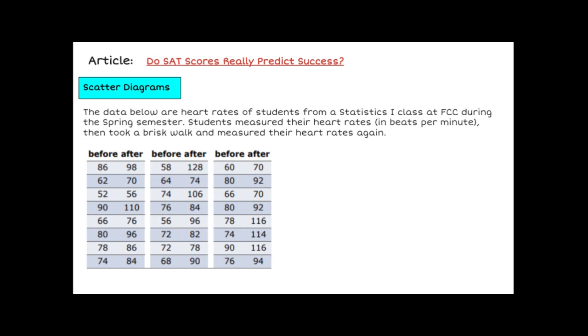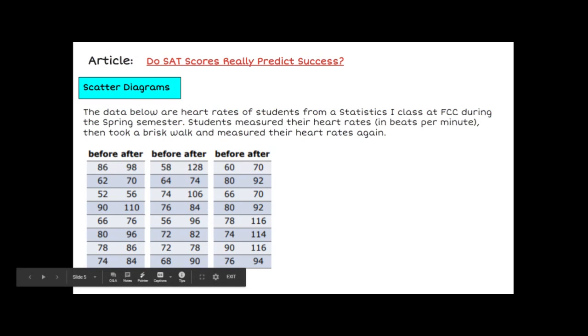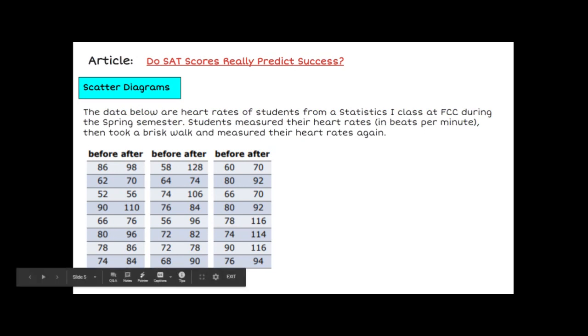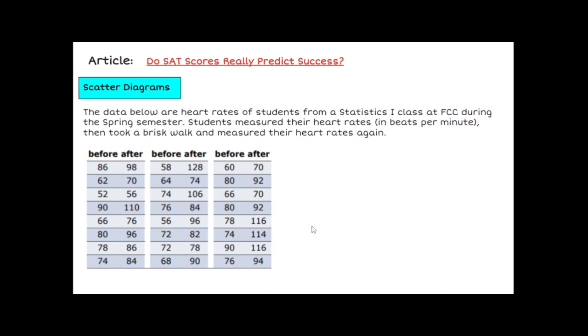Here's the before and after result. We can see that the heart rate before going on the walk is the predictor, which is the X, and the heart rate after the walk is the response, which is going to be the Y. This is what it looks like when we plot them.